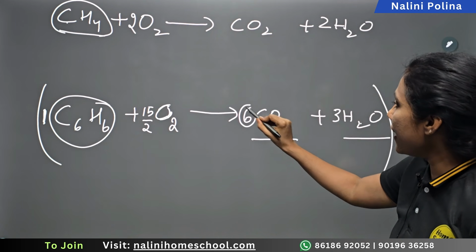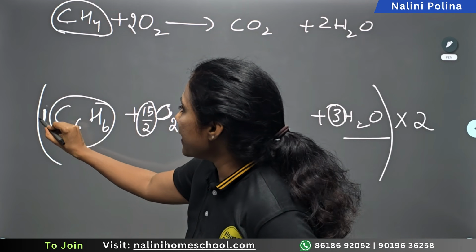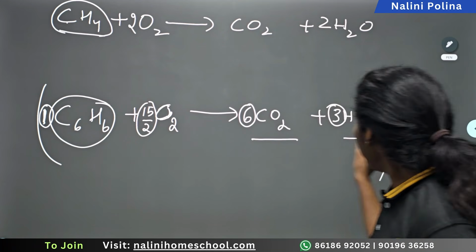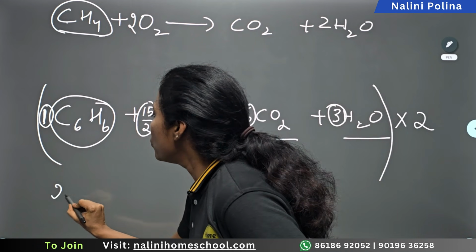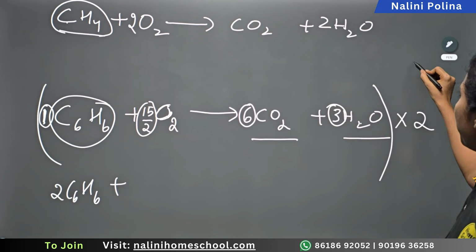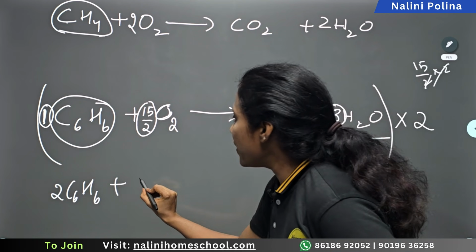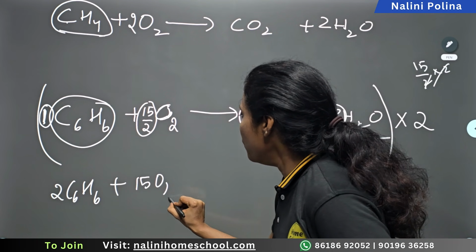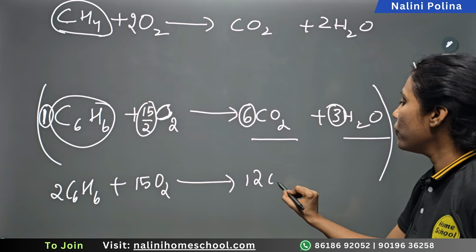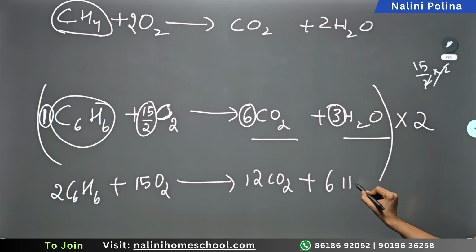These numbers I am multiplying by 2. So 1 into 2, 2. So 2C6H6 plus 15 by 2 into 2, the 2 gets cancelled, so just 15 remains. So 15 O2 giving you 6 into 2, 12 CO2 plus 3 into 2, 6 H2O.